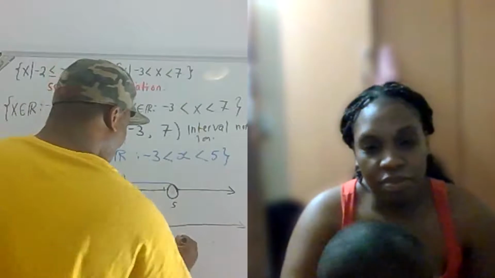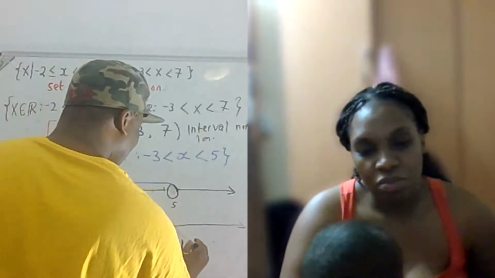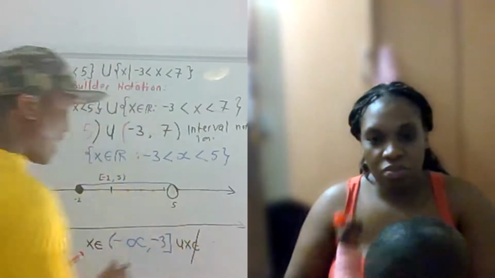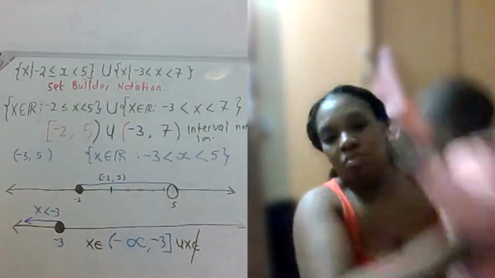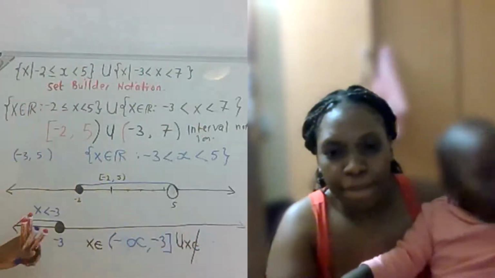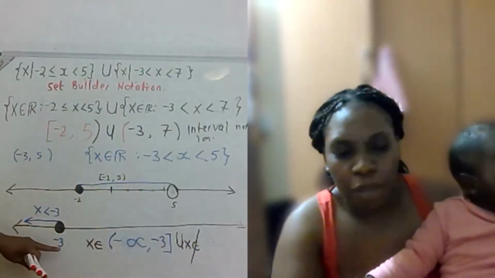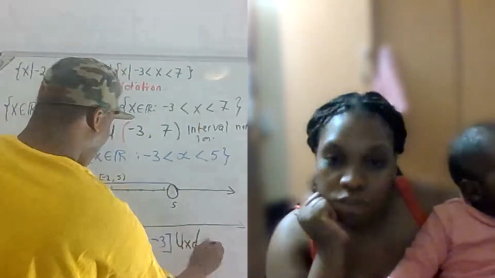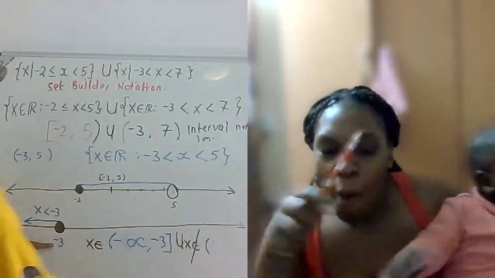But with this X, you unite, X cannot be an element of what? Since we include -3, you're going to say exclude now, because from -3 we don't have to include it.